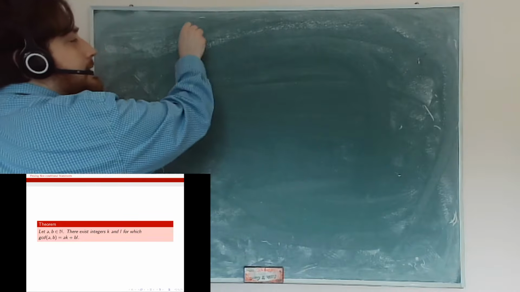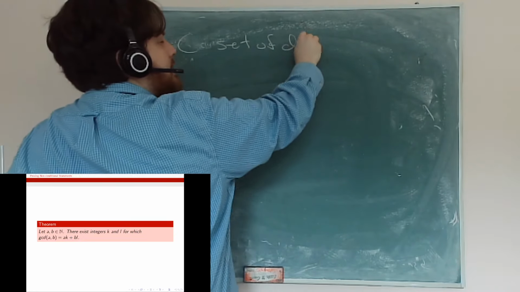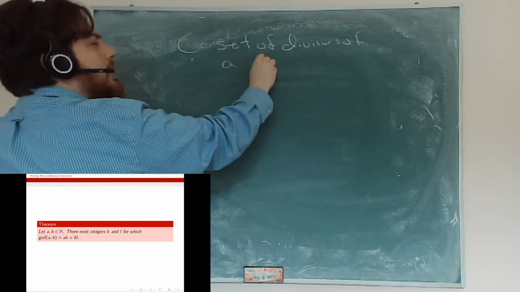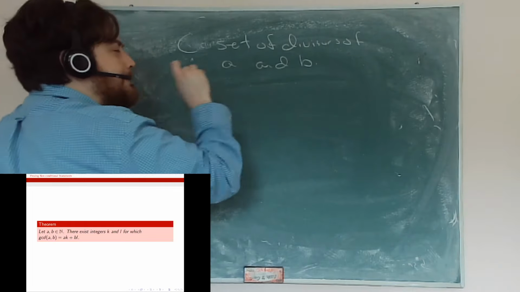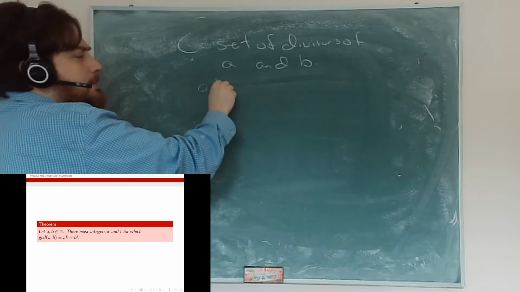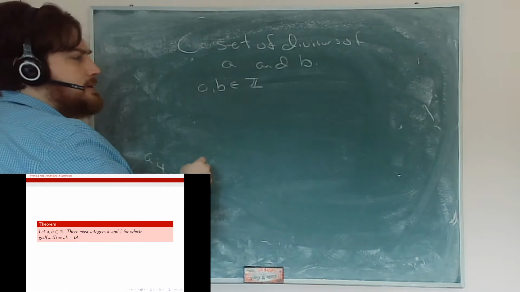So just to remind us, C is the set of divisors of A and B, where A and B we're going to say are integers.